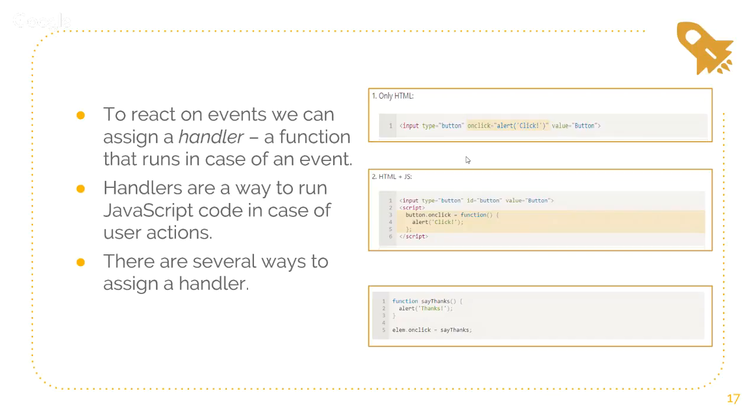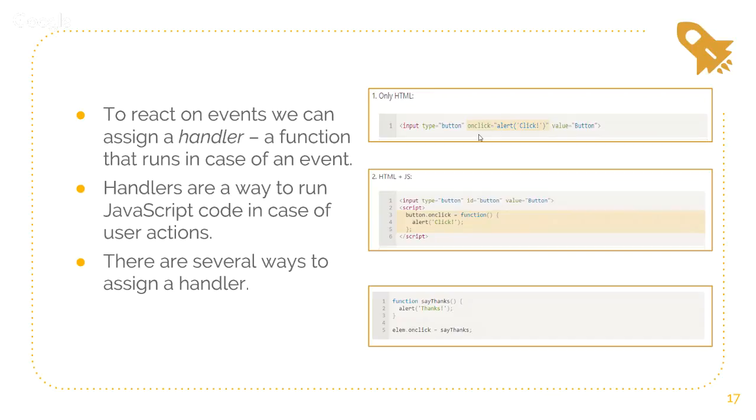Here, since we want to listen for a click event, we just precede the click by on, as you can see here, onclick. So if, for example, we wanted to listen for a hover event, we'd say onhover, onclick, onhover, onmousedown, onmouseleave. Everything is preceded with on. So we have to decide what event we want to listen for, and we place an on before the name of the event.